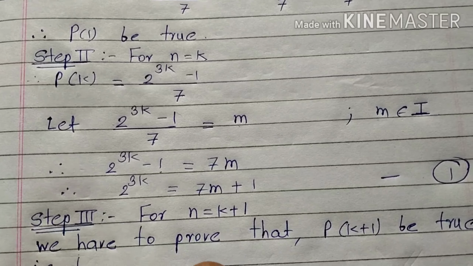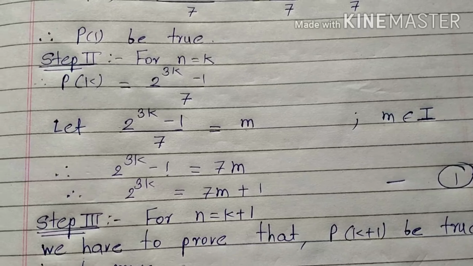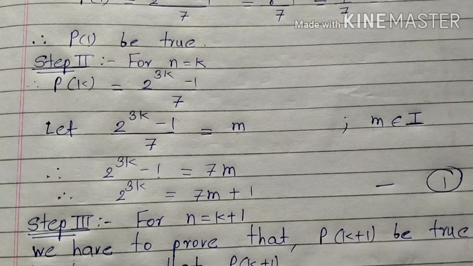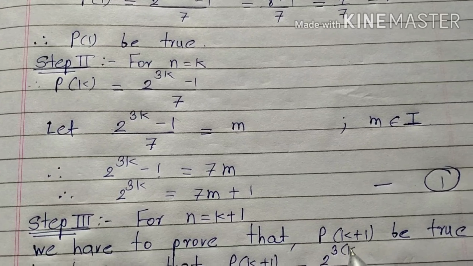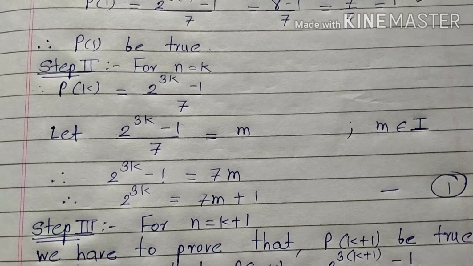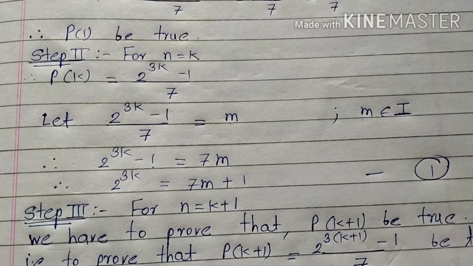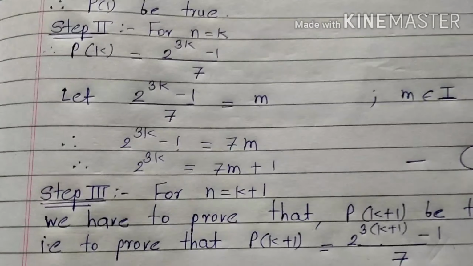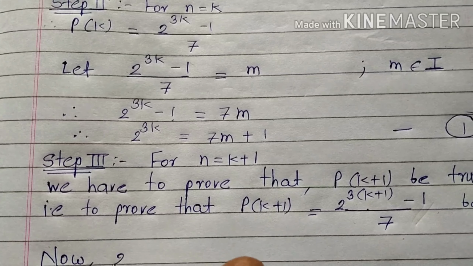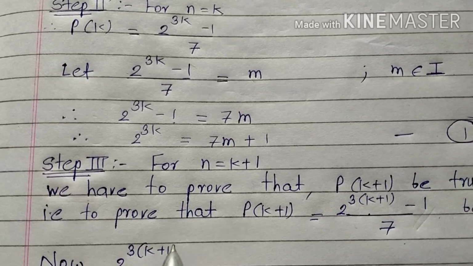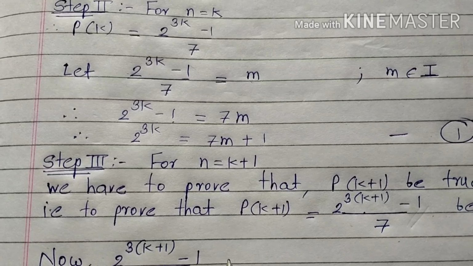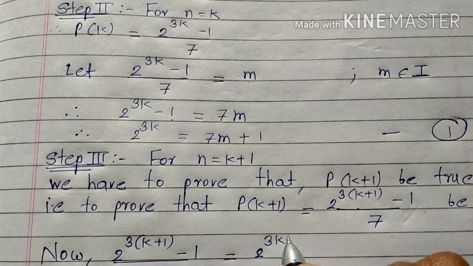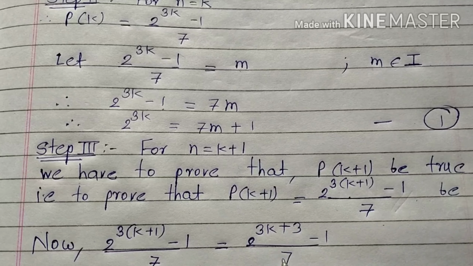And that is to prove that P of k plus 1, which is equal to 2 raised to 3(k plus 1) minus 1 upon 7, is true. Means this number is divisible by 7. So now we take this number, that is 2 raised to 3(k plus 1) minus 1 upon 7. Now this is 2 raised to 3k plus 3 minus 1 upon 7.